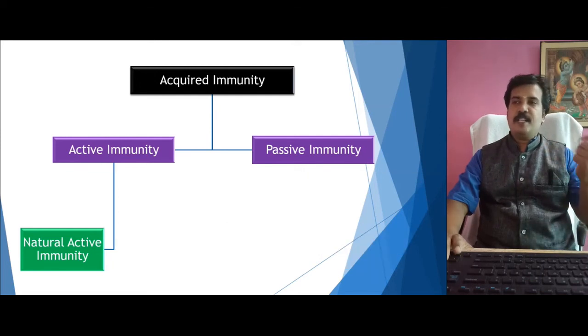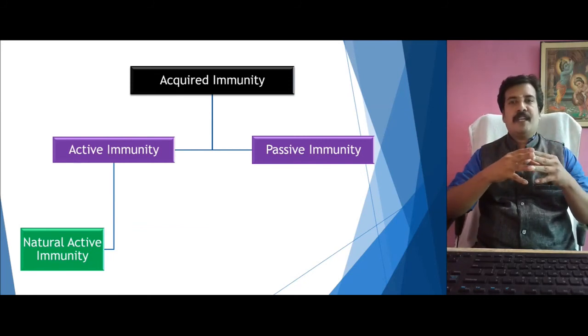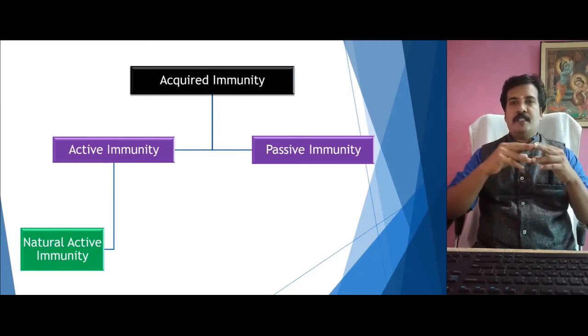If you see the natural active immunity, it is generally produced by the person during the course of life. Once he plays in mud, he may be exposed to a small microbial load. So what happens is the body starts defending against the infection by producing antibodies. It is called naturally producing immunity, naturally active immunity.